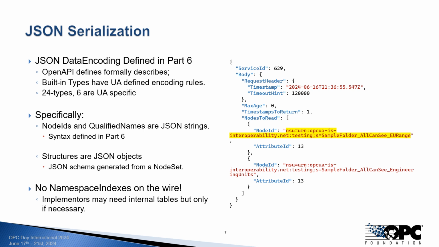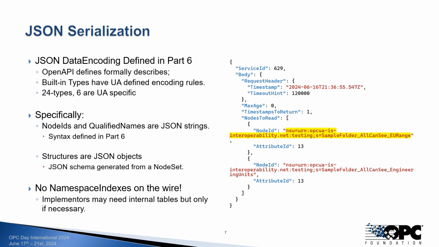You're going to get everything you need to construct the messages, and you'll only need to go back to Part 6 if you want to understand the syntax of the node IDs, which includes the URIs in there. But if you just want to treat the node IDs as opaque strings, you don't even need to do that. So it should be fairly easy for most people to develop clients without even looking at Part 6.